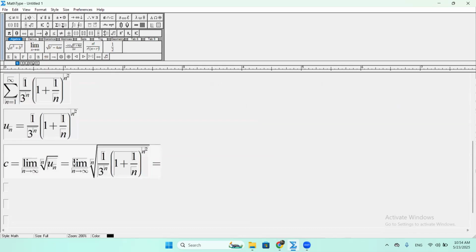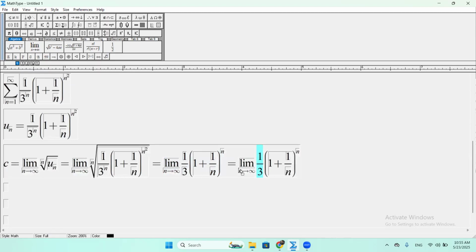Opening this root of power n, what I will receive is 1 over 3 and 1 plus 1 over n in power of n. So now moving 1 over 3 out of brackets, and according to the second remarkable limit, this limit will be equal to e. So I will receive e over 3.